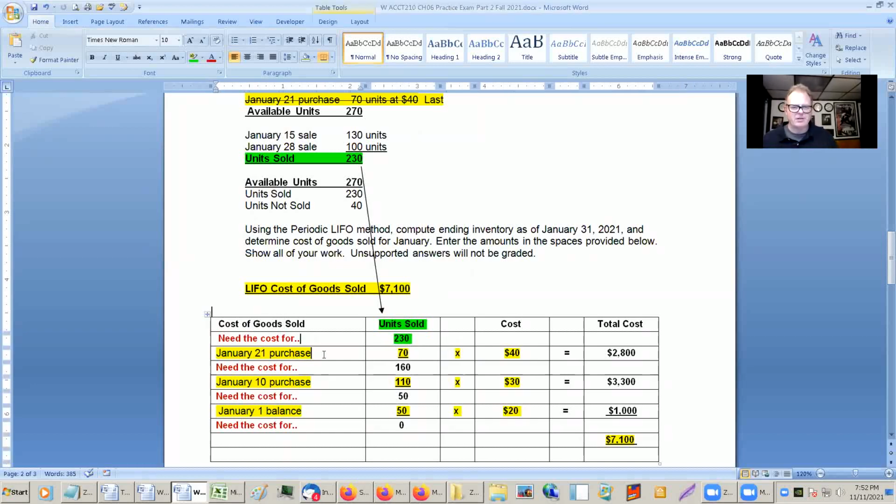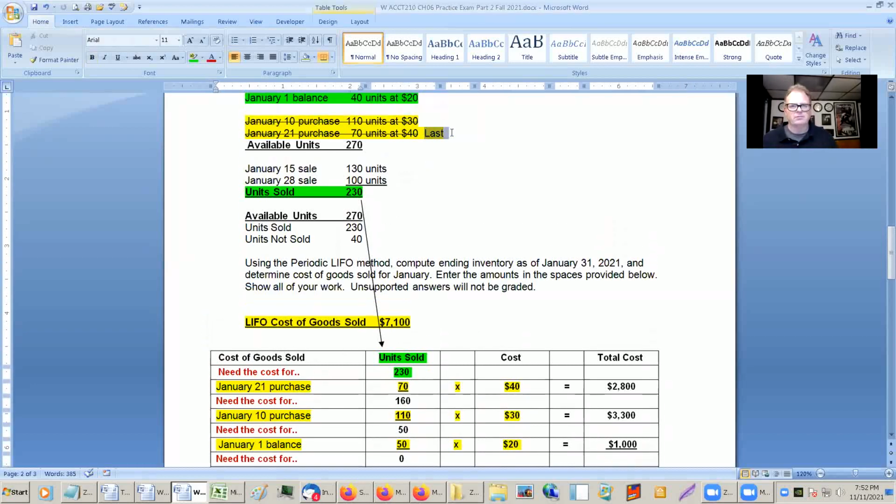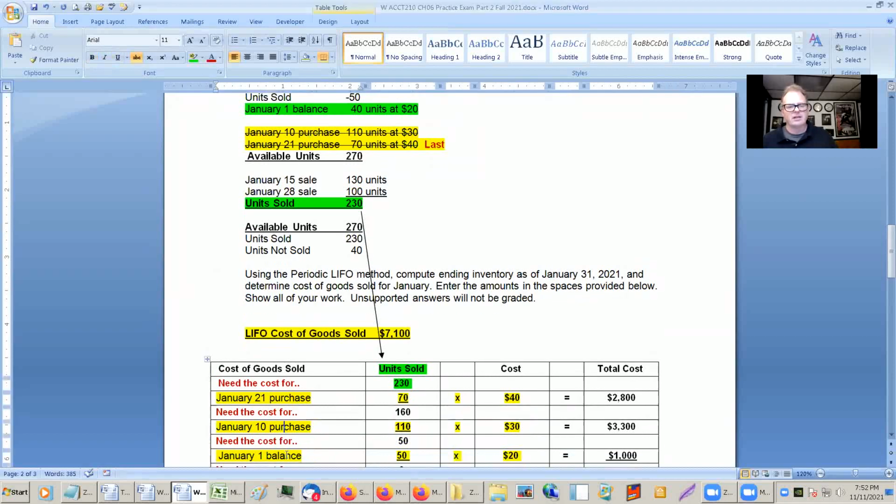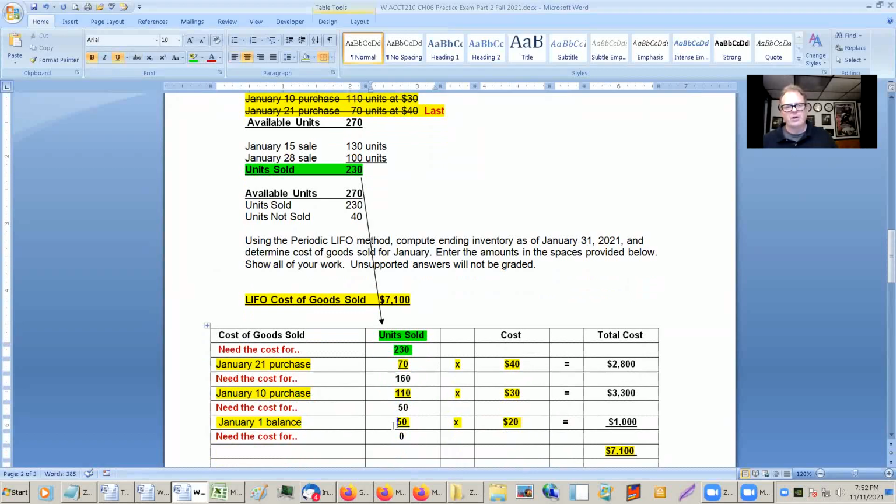Go to the last ones in. So the 21st were sold first, the 10th were sold second, and going back to the January ones were the last 50 we picked up.